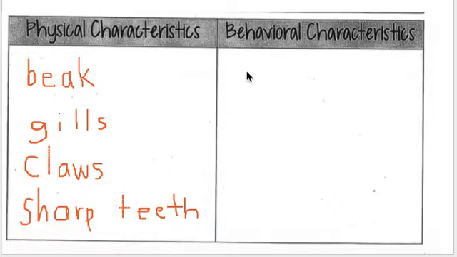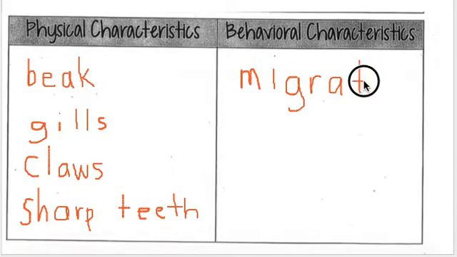They migrate. So a behavioral characteristic could be to migrate south to the warmer areas. And right now you can start to see the birds are coming back from the south. So migrate could be a behavioral characteristic.